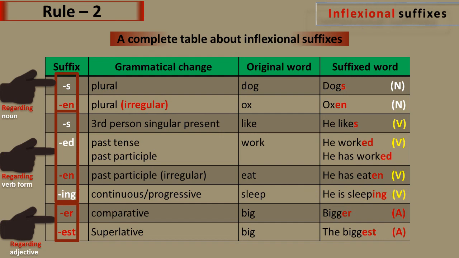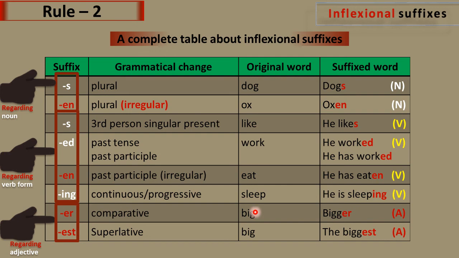The rest of the two are er and est, and these two are all about adjectives. Let us see: big, bigger, biggest, with er and est. By adding er or est to big, you can form bigger or biggest. Where is the stress in the word big?